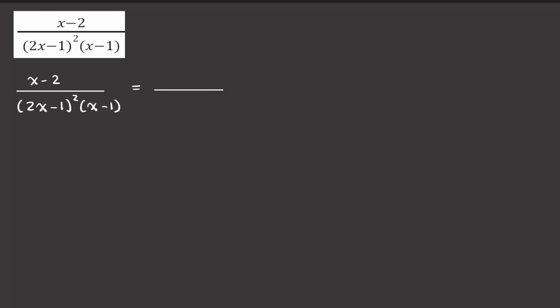So the way we write our fractions is, since this is repeated factors, the first fraction is just going to have 2x minus 1 and the constant a in the numerator. Now my other fraction is going to have 2x minus 1 squared.